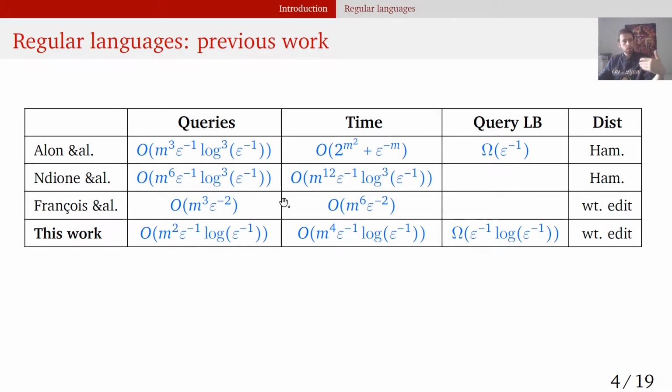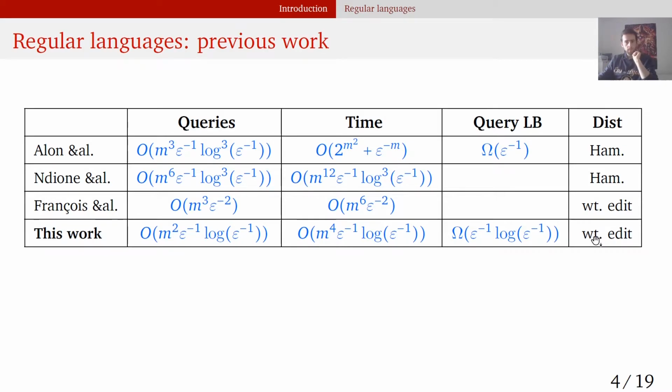What we do in our work is we improve the number of queries and the runtime to 1 over epsilon times log of 1 over epsilon. So we reduce the exponent on the log from 3 to 1. We also show a matching lower bound of 1 over epsilon times log of 1 over epsilon queries.